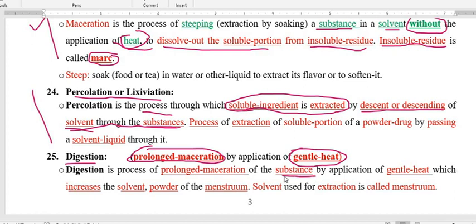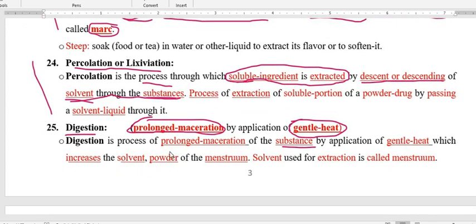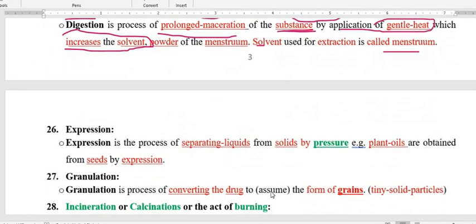So digestion is prolonged maceration of a substance by applying gentle heat, which helps the solvent to dissolve more of the soluble substance from the plant. The undissolved material that is left is called marc, whereas the solvent is called menstruum. So this is about digestion.